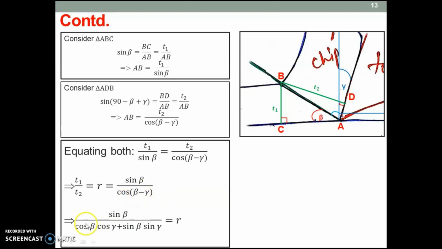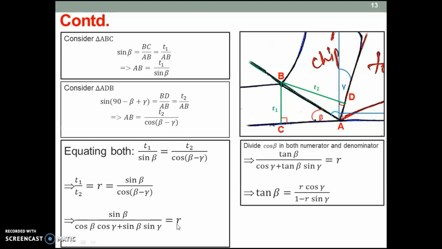If we expand this, cos A into cos B plus sin A into sin B. So cos beta into cos gamma plus sin beta into sin gamma. So just write like this: sin beta divided by cos beta into cos gamma plus sin beta into sin gamma equals r. Now divide cos beta in both numerator and denominator.